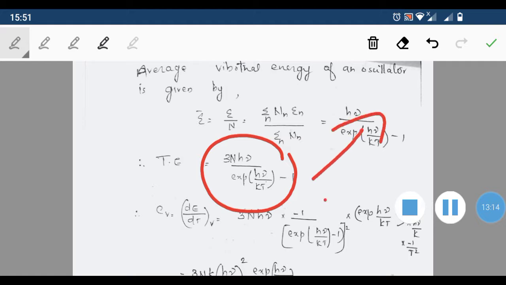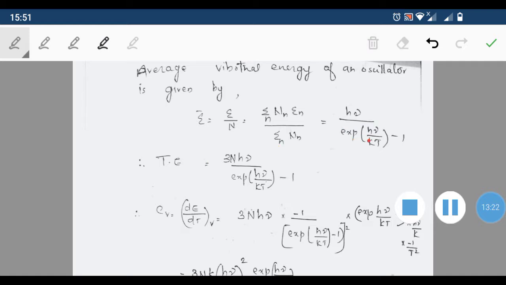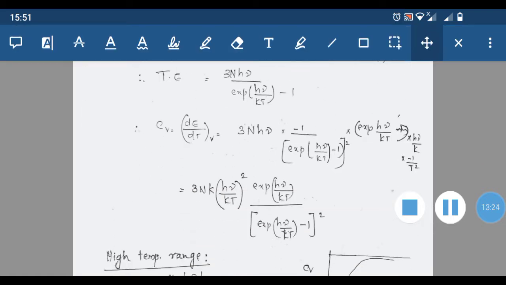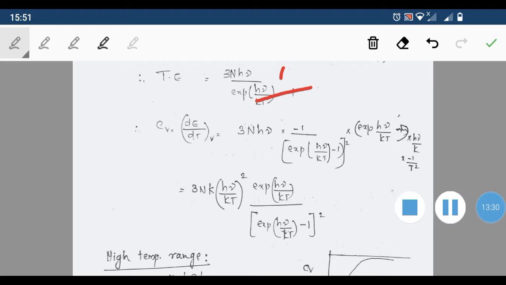So from this the expression for the specific heat CV is equal to dE by dT, where you can differentiate this. On differentiating this we get 3N h nu, which is a constant, then you can treat this as 1 by x. The differential of 1 by x is equal to minus 1 by x square.